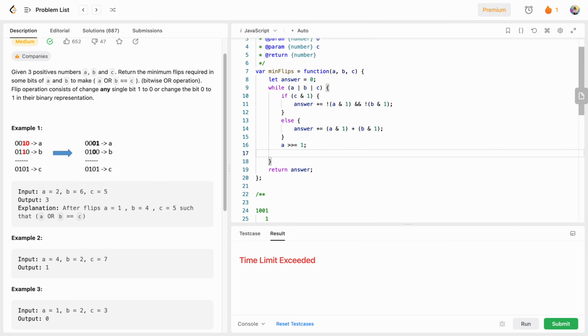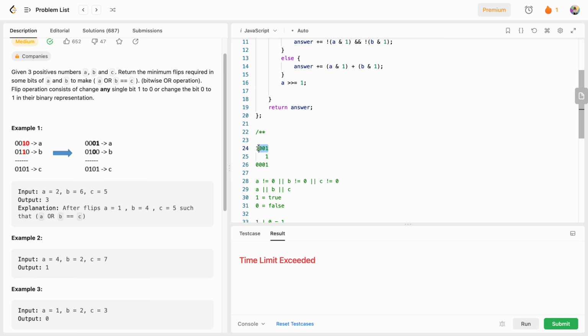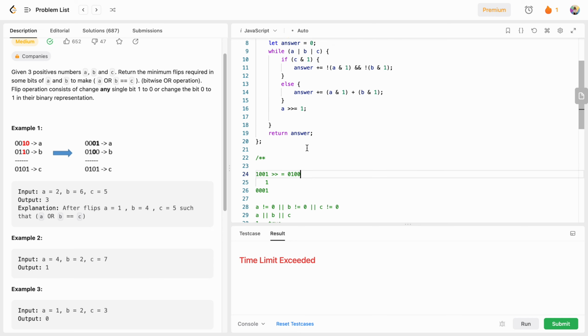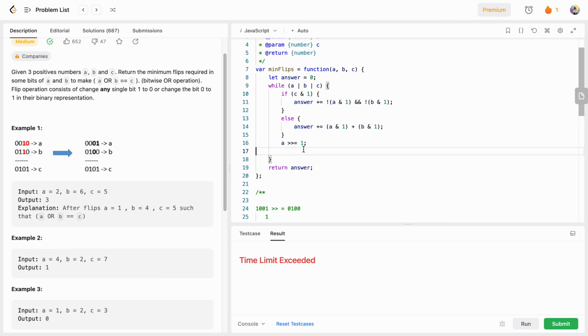So if I shift this towards the right, then this would be equal to 1 0 0, and it will be prepended with a value of 0. So that is how we are actually going to do this.